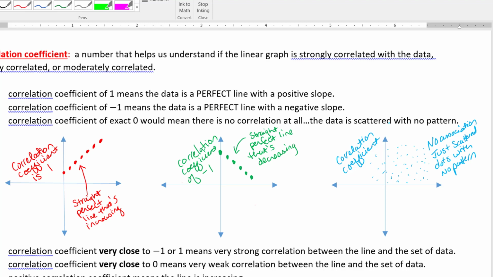The closer your correlation coefficient is to +1, the closer your scatter plot is to looking like a straight line that's increasing. The closer your scatter plot is to looking like a straight line that's decreasing, the closer your correlation coefficient will be to -1. And the closer your scatter plot is to just being random dots all over the place, the closer your correlation coefficient will be to 0.